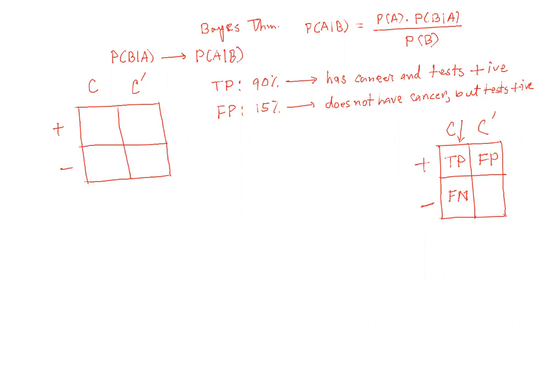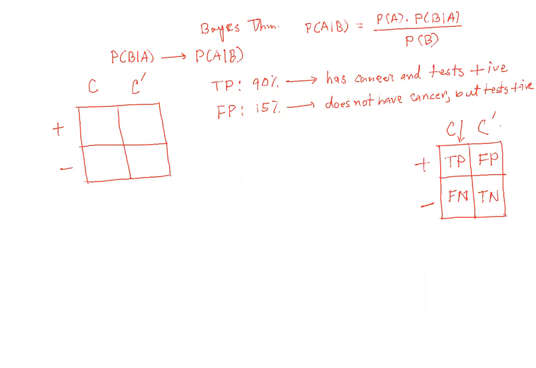And on the other hand, the right one is going to be true negative because the person doesn't have cancer and the result came out to be negative. Is this clear?